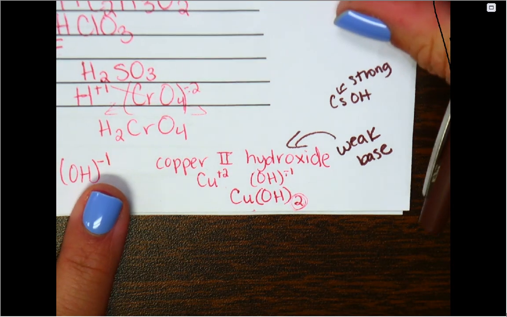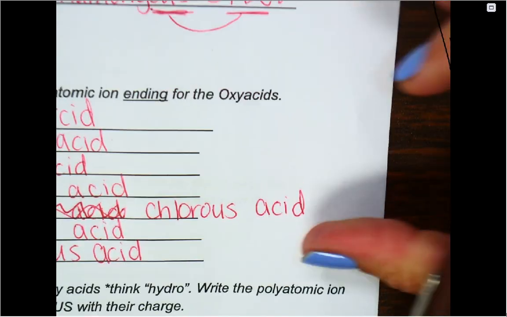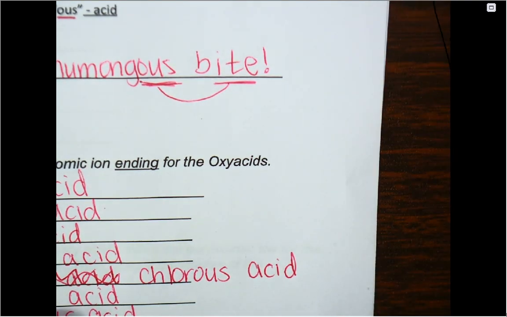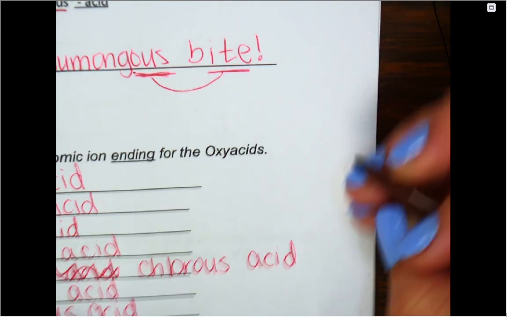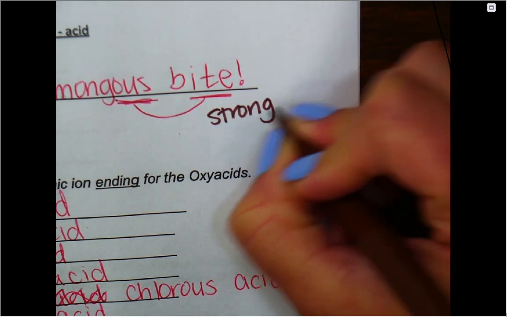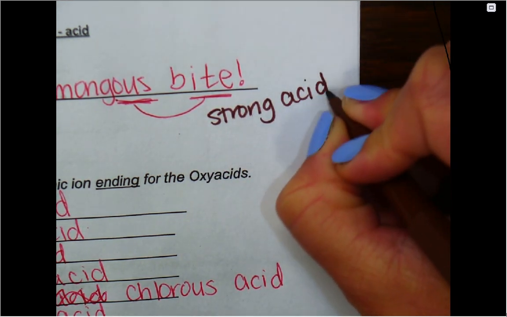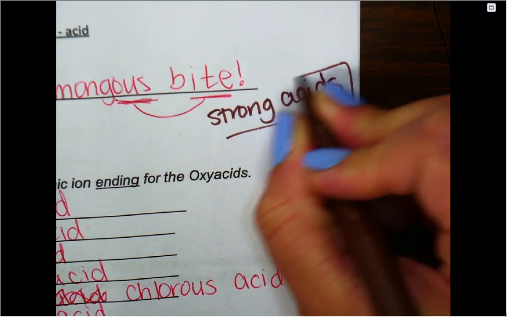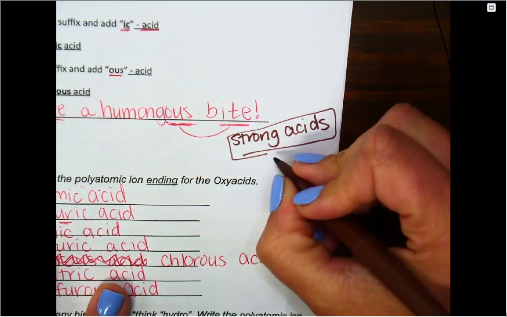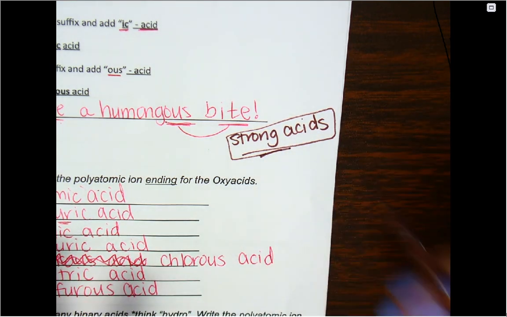So I'm going to use this little space that was right here on your paper. You don't need a lot of room, although I wrote right into that space. That's okay. I'm just going to write strong acids.